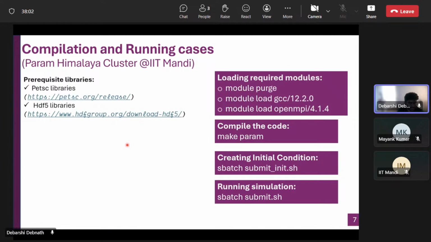I have some files already sent to Mayank. You will have an initial file and a file after some time when a little bit of the droplet has evaporated. You can see the comparison and how phase change is happening, and we can also go through the code to see where the vapor file is and how the vapor phase is solved.